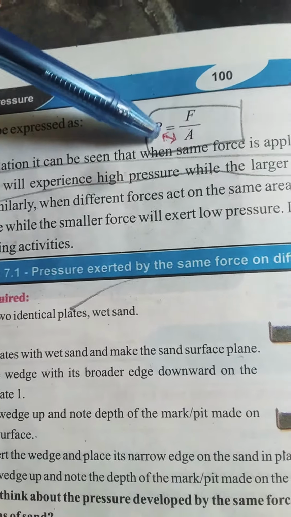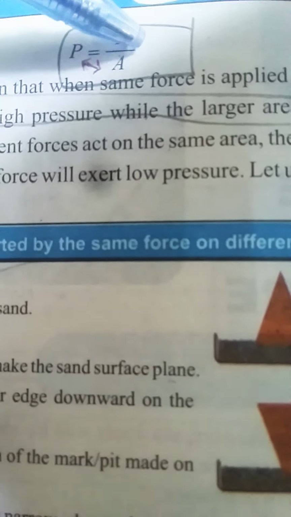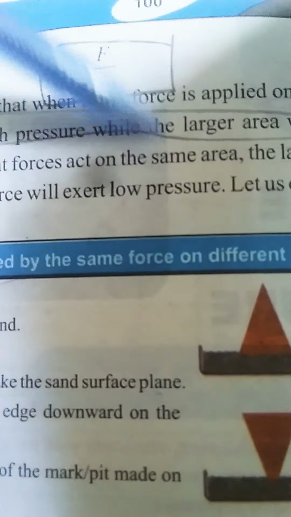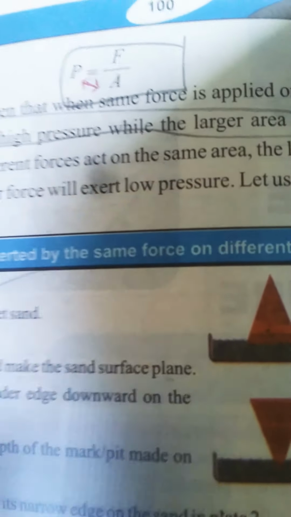And if the area is the smallest, then the pressure will be highest. And pressure and force are directly proportional to each other. It means that if force increases, pressure will also increase, and if force decreases, then pressure will also decrease on an area.